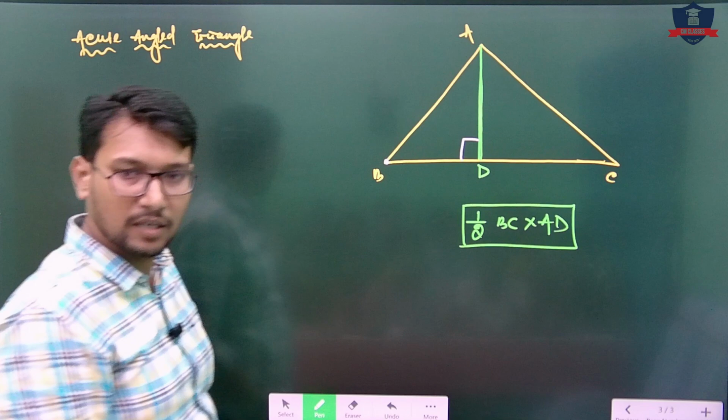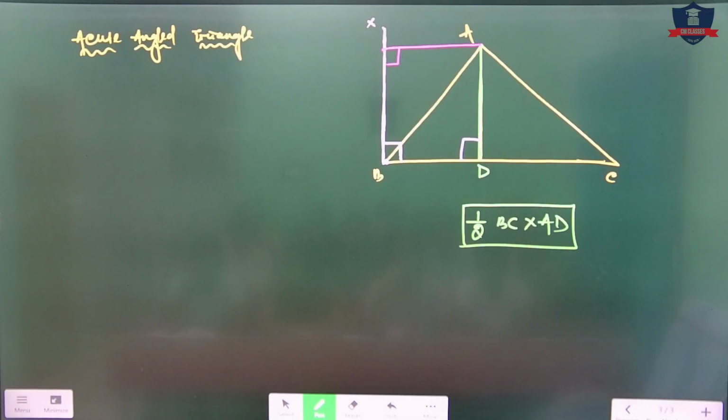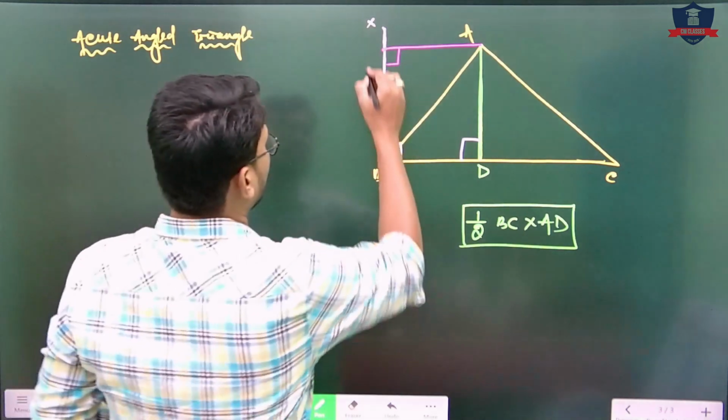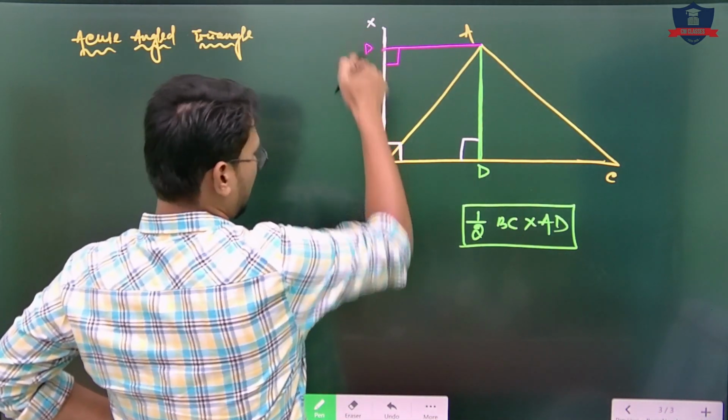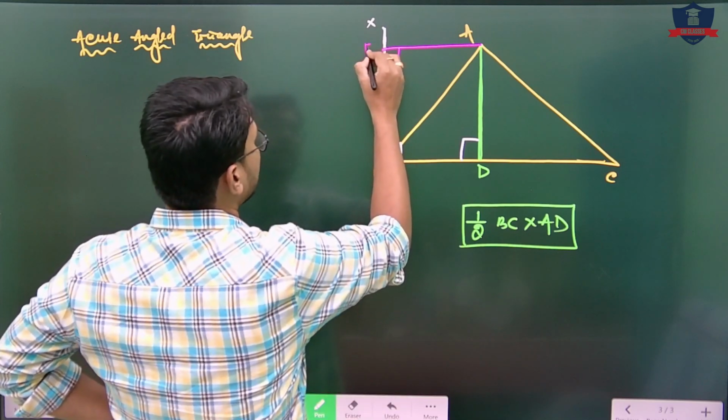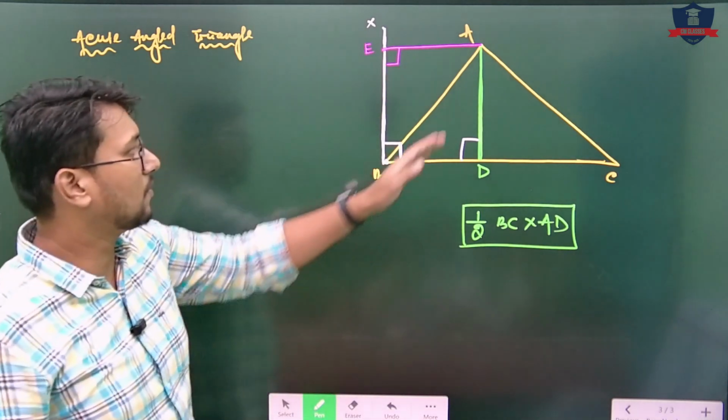This is also a perpendicular. Let me write this point's name as E. Is that clear, everyone?